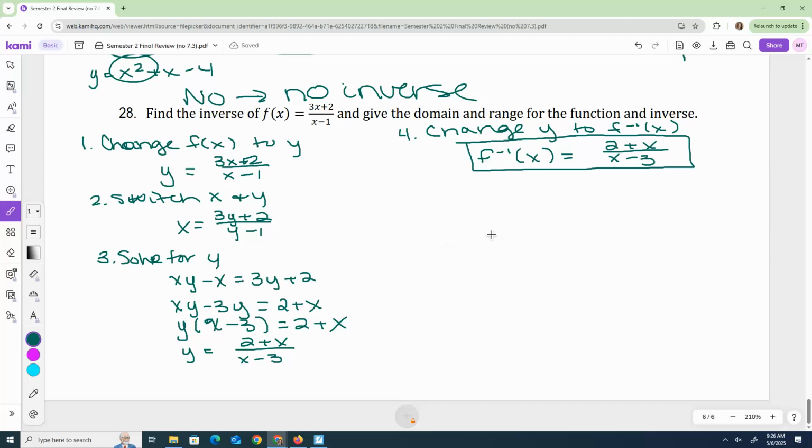And then we did domains and ranges. The domain of the function, the x's in the original become the y's. So that is the same as the range of the inverse. The range of the original function, the y's in the original become the x's or the domain of the inverse. So what we did is we usually found domains. Domain of the function.